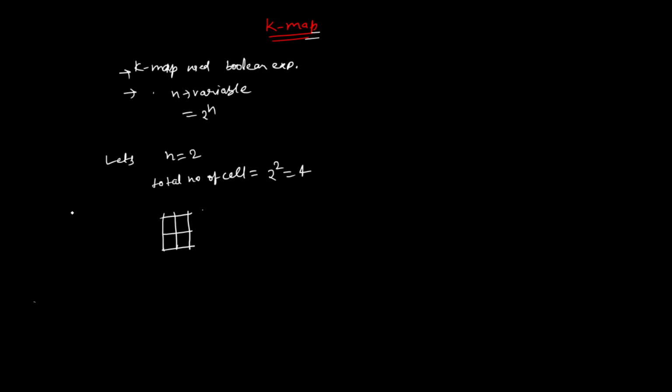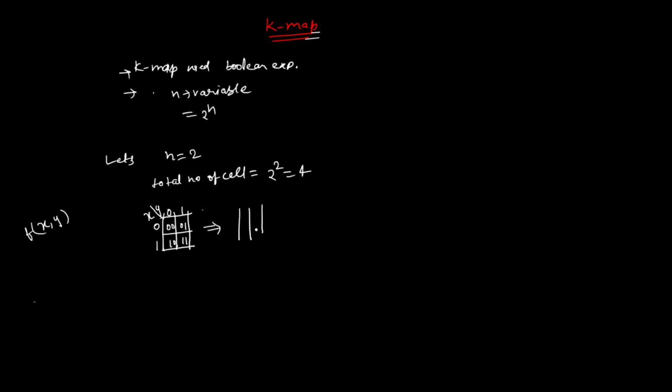Okay, so let's suppose the variables are x and y. So x can be 0, x can be 1, y can be 0 or y can be 1. So here it will be 00, 01, 10, 11.